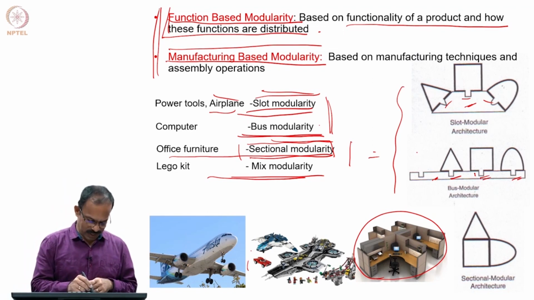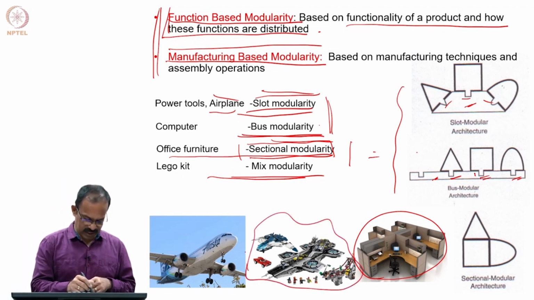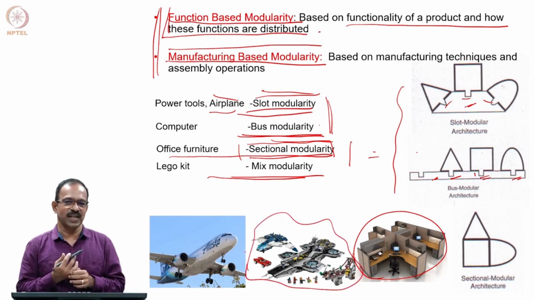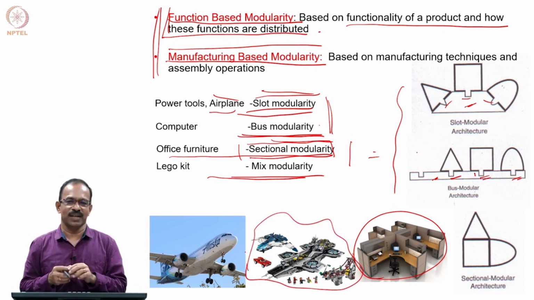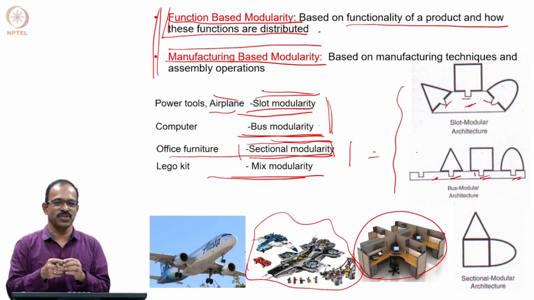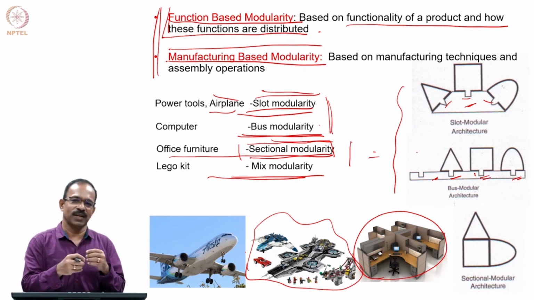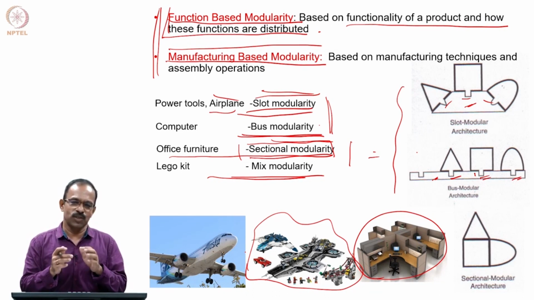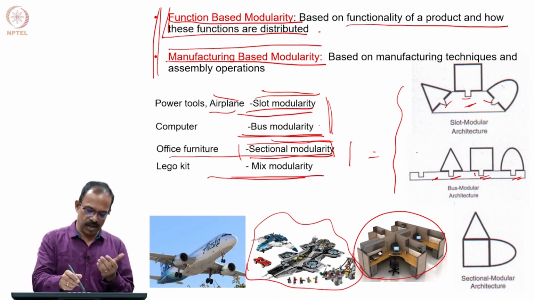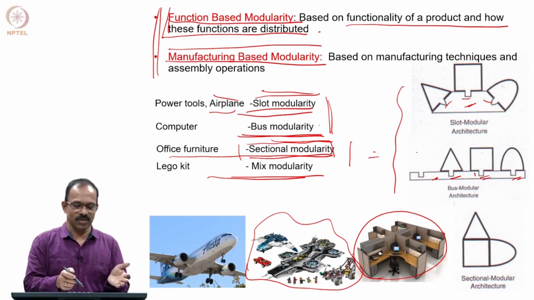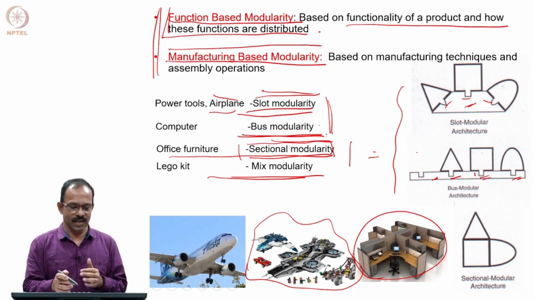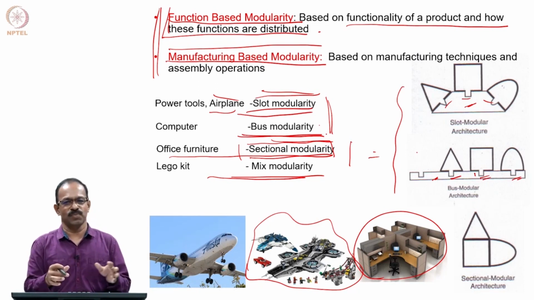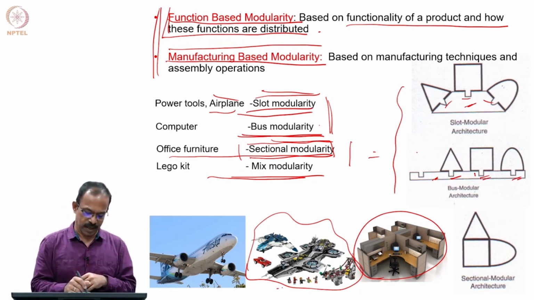Most of these Lego kits, if you might have seen them, you can combine the different modules or blocks and get a structure, and each one will have either a slot modularity or a bus modularity or a sectional modularity, and then you assemble them properly and get a product.